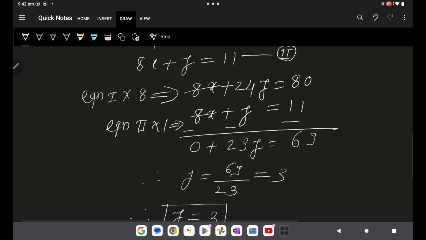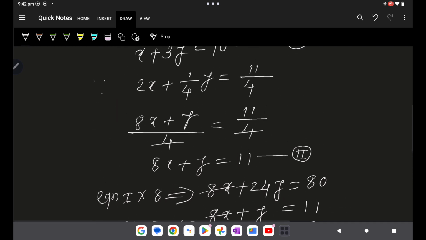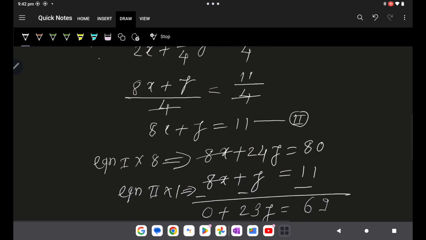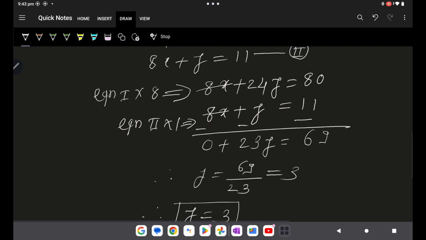Next we put the value of y in equation second or equation first. So we put the value of y in equation second. Equation second is 8x plus y is equal to 11.